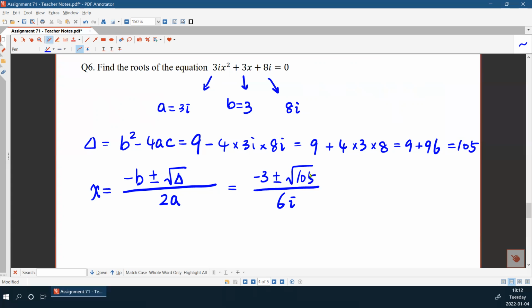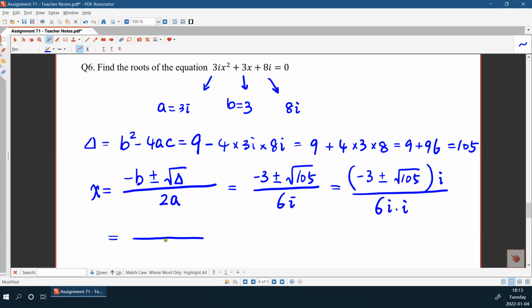So 105 does not contain any perfect square, so we can just leave this number under the square root symbol. But here we usually need to rationalize the denominator, right? So the denominator should not contain i. So we can multiply both the denominator and numerator by i. So minus 3 plus or minus square root of 105 i, then 6i times i.